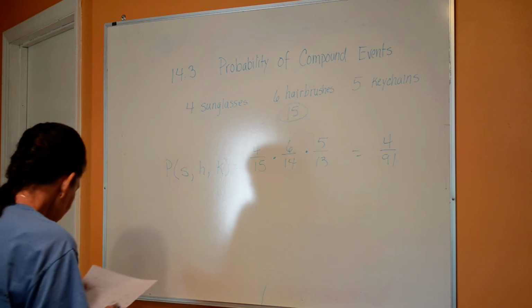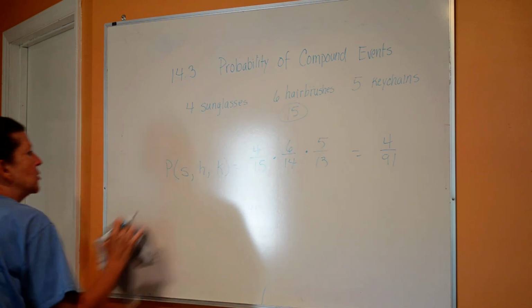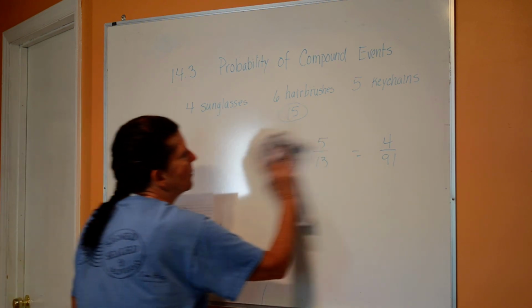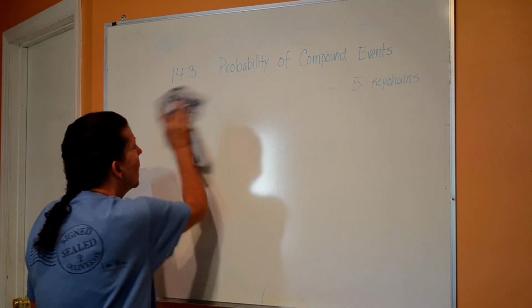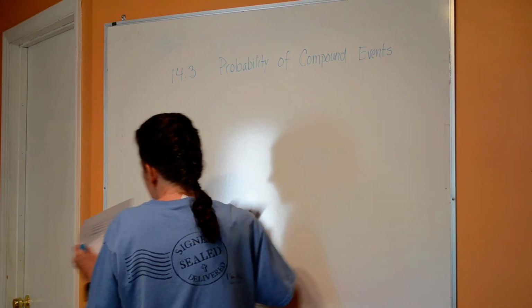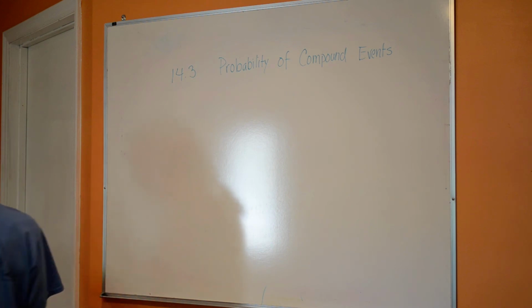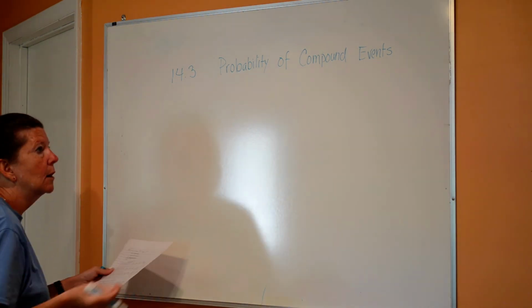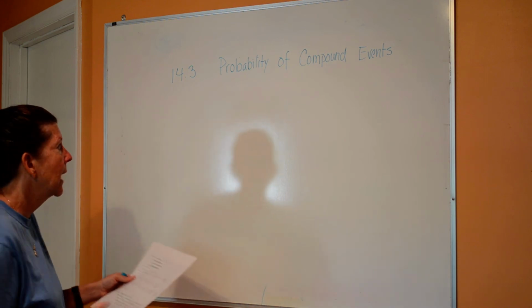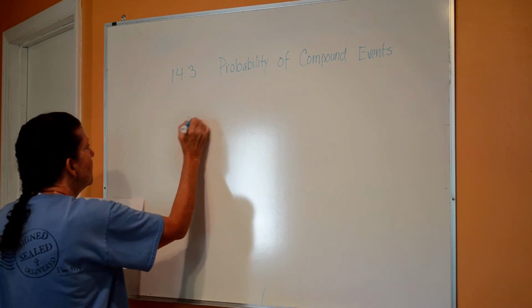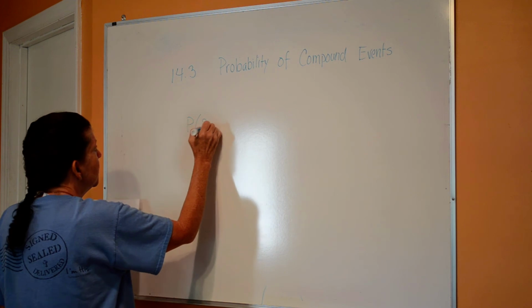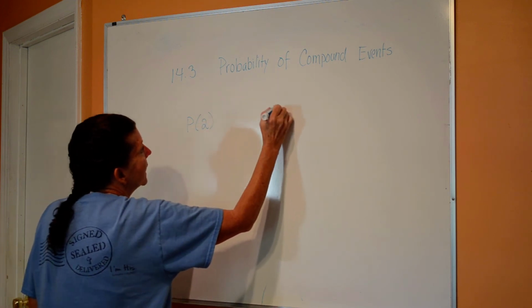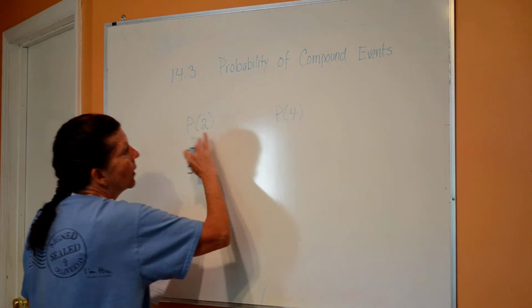All right, another type of problem is called a mutually exclusive problem, okay, which means one event does not affect the other. You can't get it both at the same time. Let's say that I was going to roll a dice twice, and I want to know the probability of getting a 2 and then rolling it again and getting a 4.